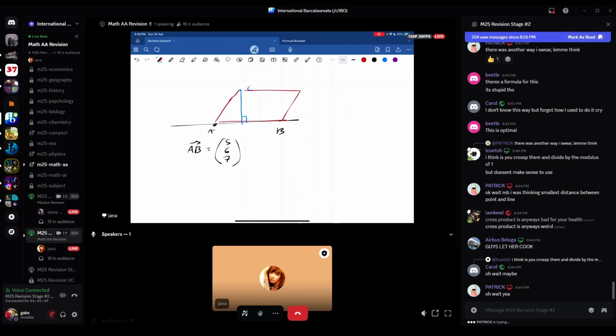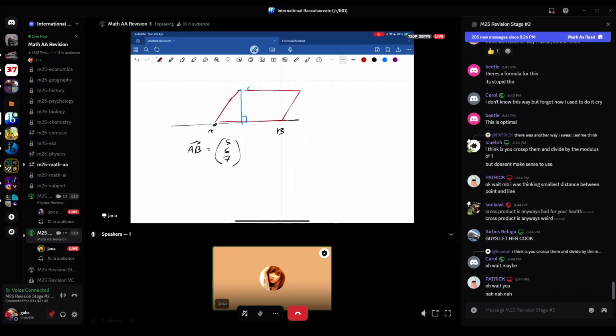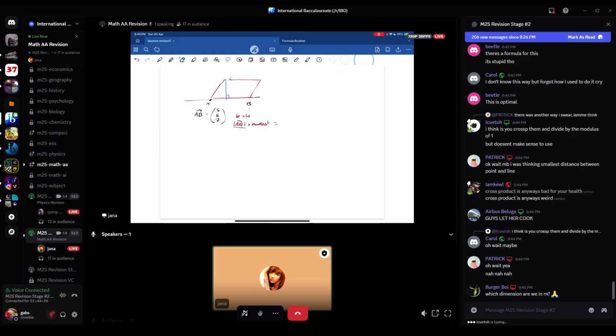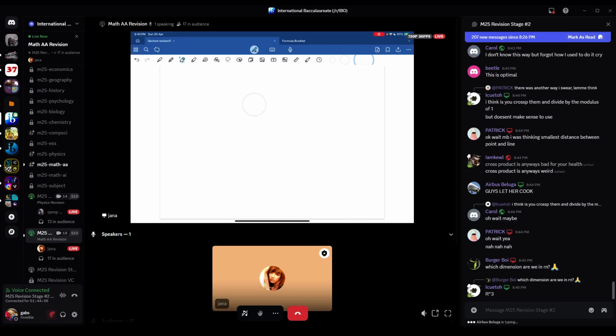And then you can divide it, because we know that the area of a parallelogram is base times height, so that would be magnitude AB times the magnitude of that, which is what we're looking for, the minimum distance. So we could do area of the parallelogram divided by this, but see why that's really complicated? Don't do that. Use the dot product, just for your own well-being.